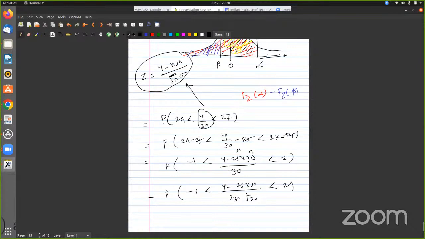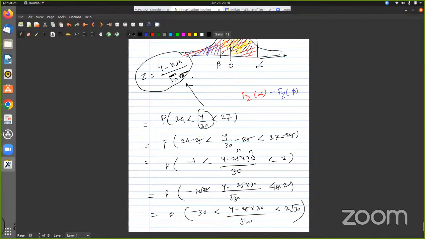So this root 30 can go to both sides. So this will become into root 30 into root 30. So in the next step, it will become y minus 25 into 30 divided by root 30 into 2 into root 30, right? Now, what else do I need to convert into z?